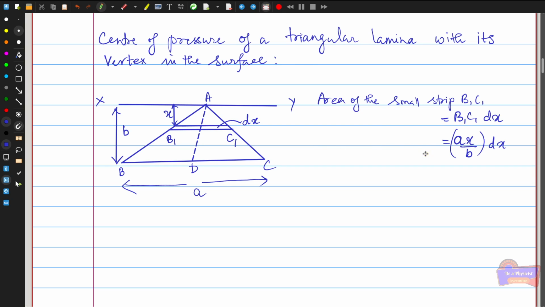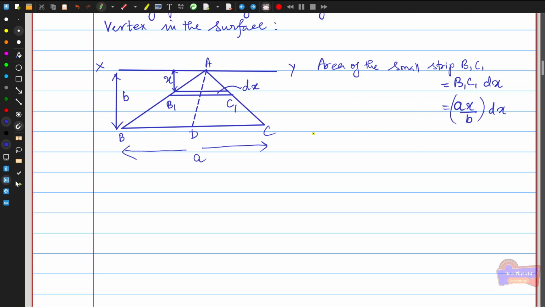Once we know the area, we can find the thrust on the strip B1 C1, which is equal to h, the height, into rho into g into the total area.